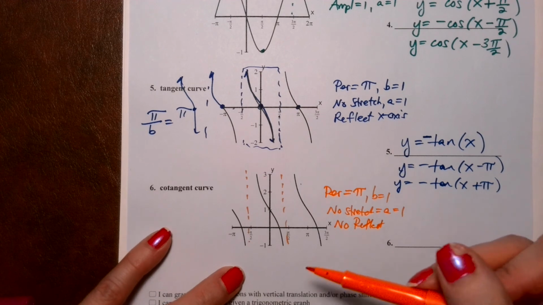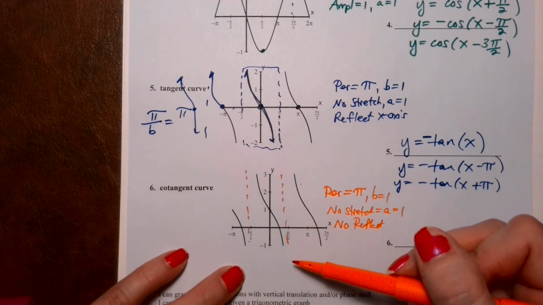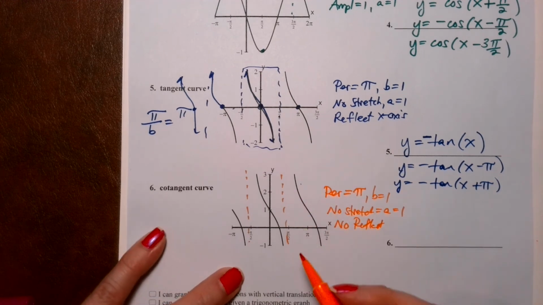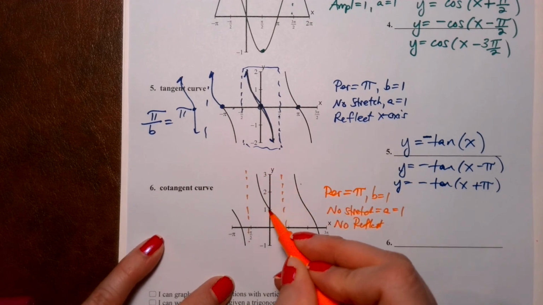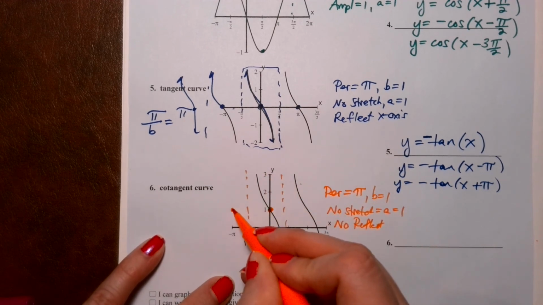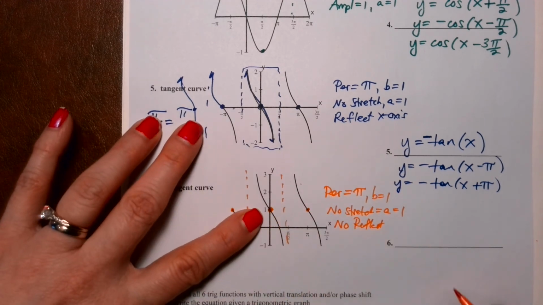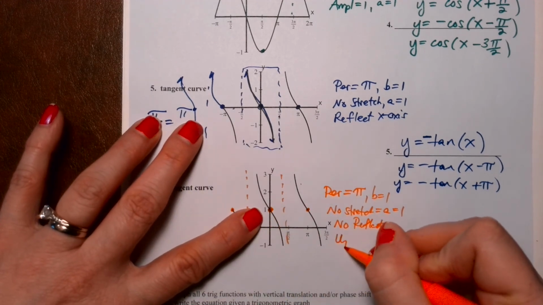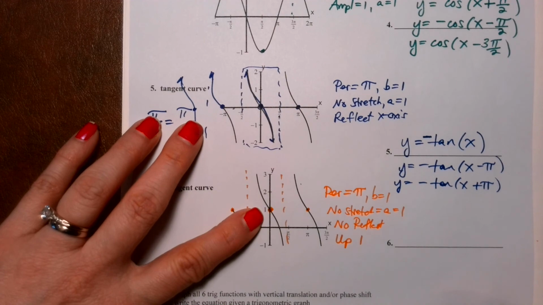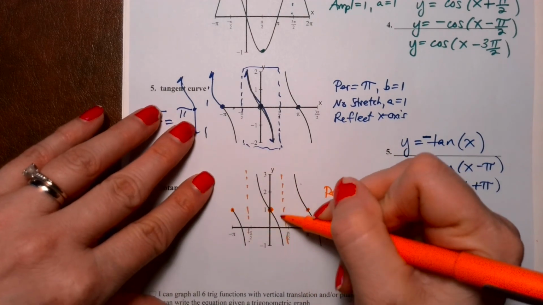How about shifting up or down? It looks like the middle for this graph is right here. Here's the middle. So it did get shifted up 1 unit. Let's take a look at this equation right here.